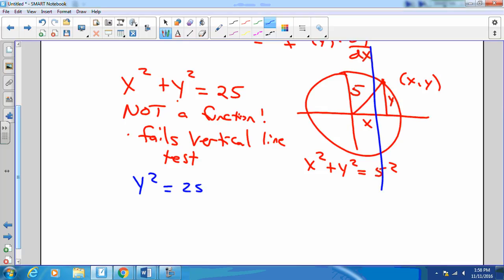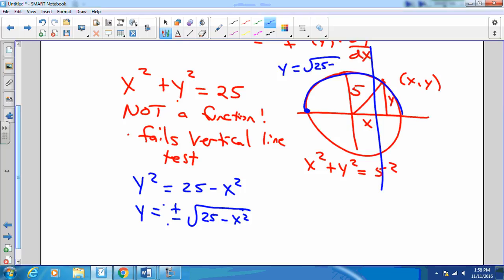If I subtract x squared from both sides, I find that I have two different solutions for y for any given x value. One is the square root of 25 minus x squared, and the other is the negative square root of 25 minus x squared. Each one corresponds to a different branch on my circle.